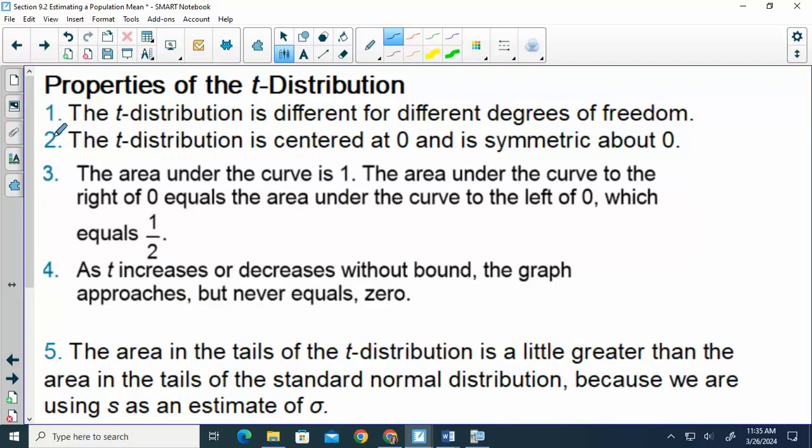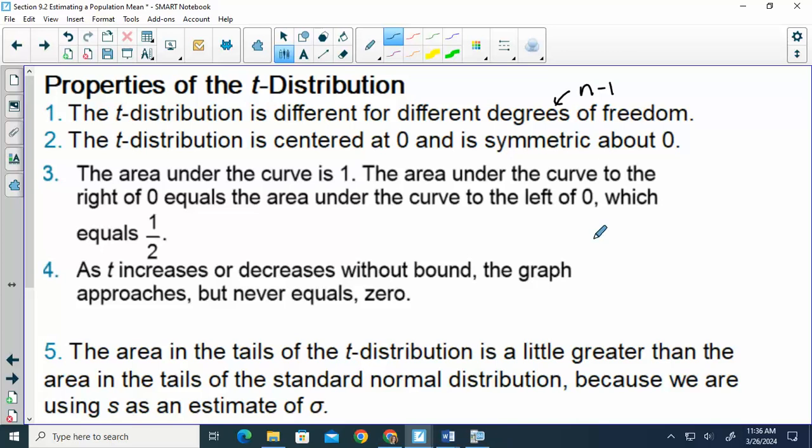Some properties: it changes based on degrees of freedom. We had degrees of freedom way back in the very first unit when we talked about standard deviation. Degrees of freedom is n minus 1. Basically, this is a distribution that calculates probabilities for different sample sizes.